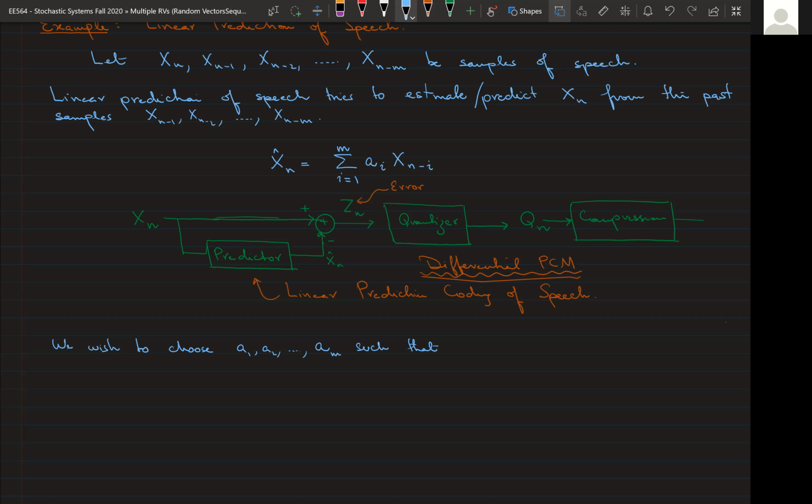No, sir, error. Error should be minimized. So error is what? Xn minus xn hat, right? But you want to minimize the second moment of that, the squared error. So this is xn minus xn hat squared, and this is what you want to minimize.